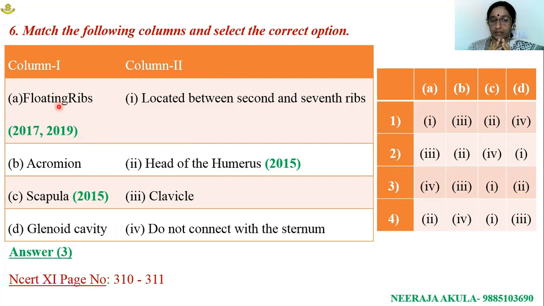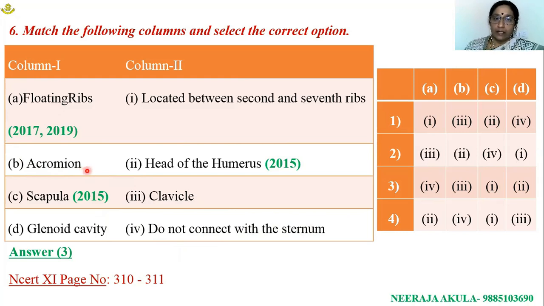They are not attached to the sternum, and they are known as false ribs. Remaining 2 pairs of ribs are known as floating ribs, which are attached only to the vertebral column on the dorsal side. Floating ribs do not connect with the sternum. And the next, acromion.